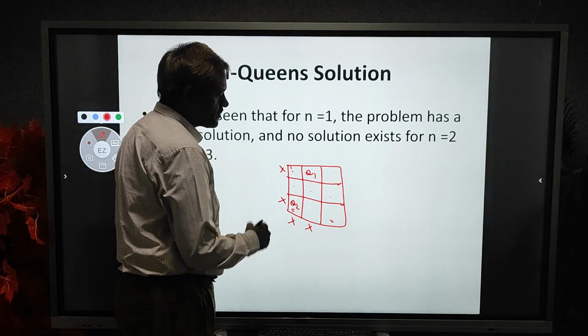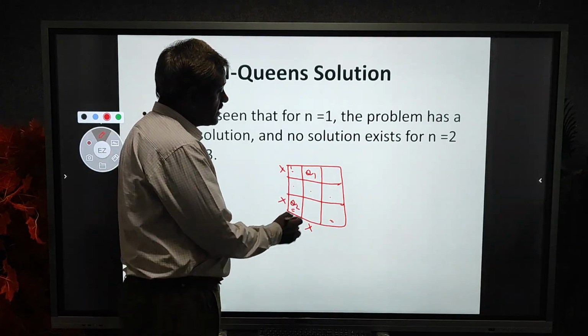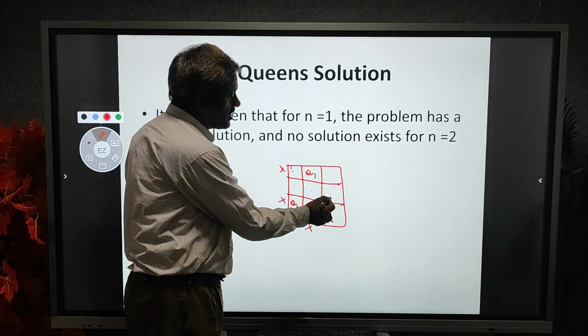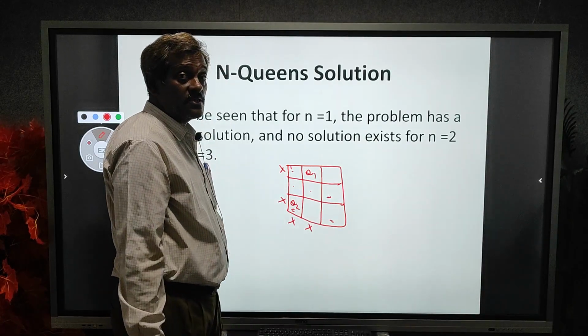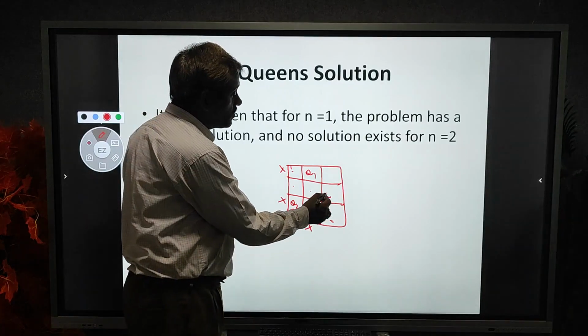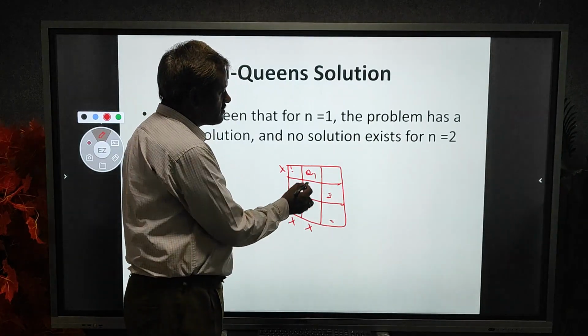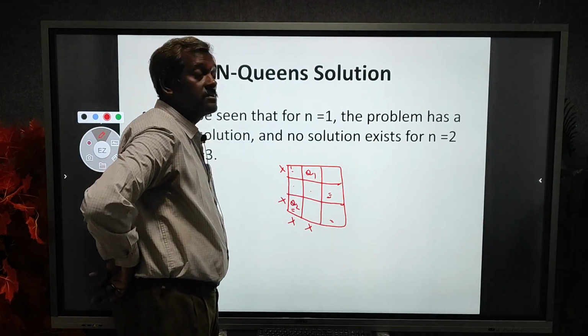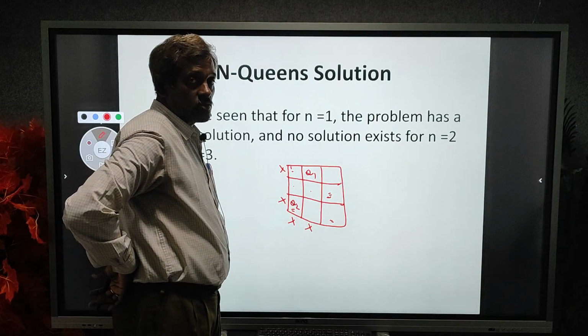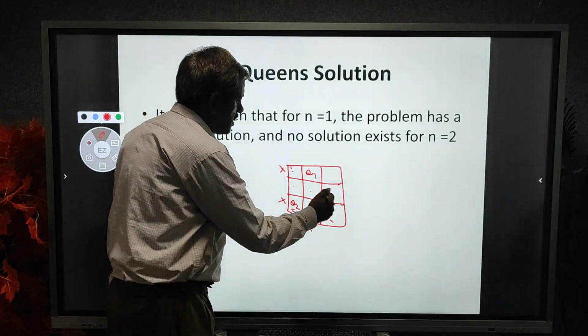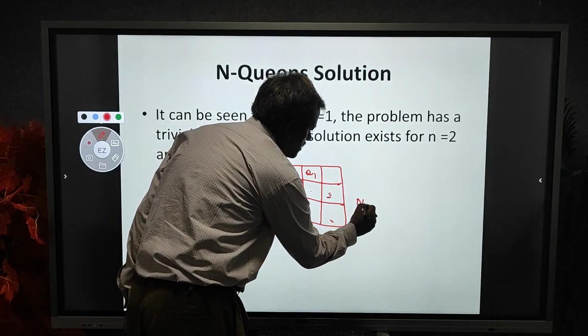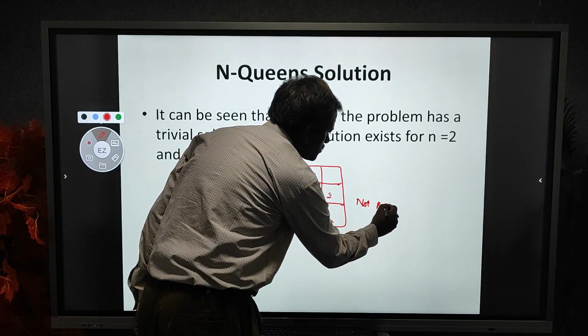These two rows are not possible. So probably this is the only one you have after checking row wise and column wise. Suppose I want to keep Q3 here, it is not possible. Why? Because Q1 is diagonal to that. So ultimately, this is also not a possible solution.